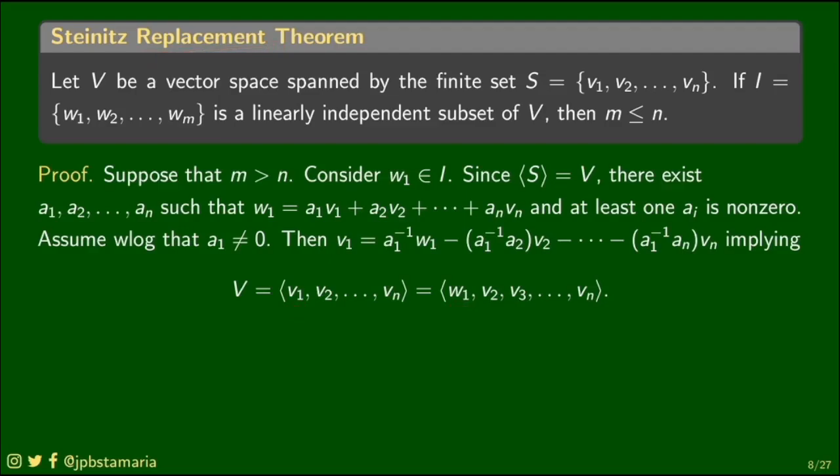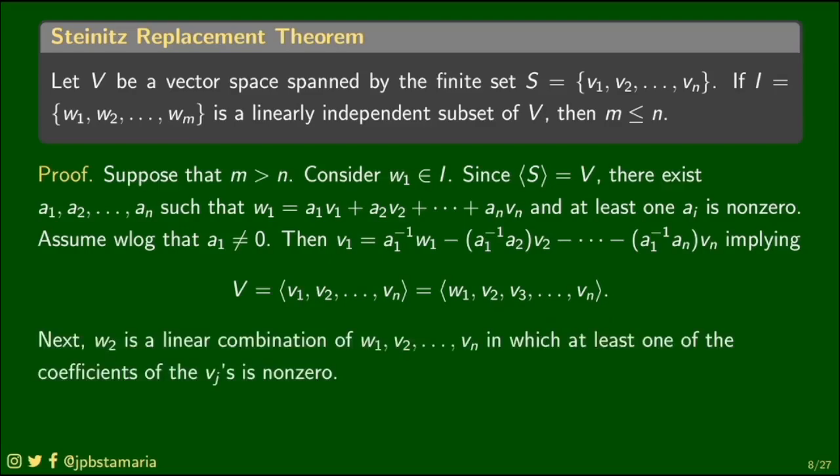So W1 replaced V1 in its place as a spanning set of vectors for V. Now we have found out that if we replace V1 by W1, the resulting set is still a spanning set for V. So next, we consider W2, the second vector in the set.